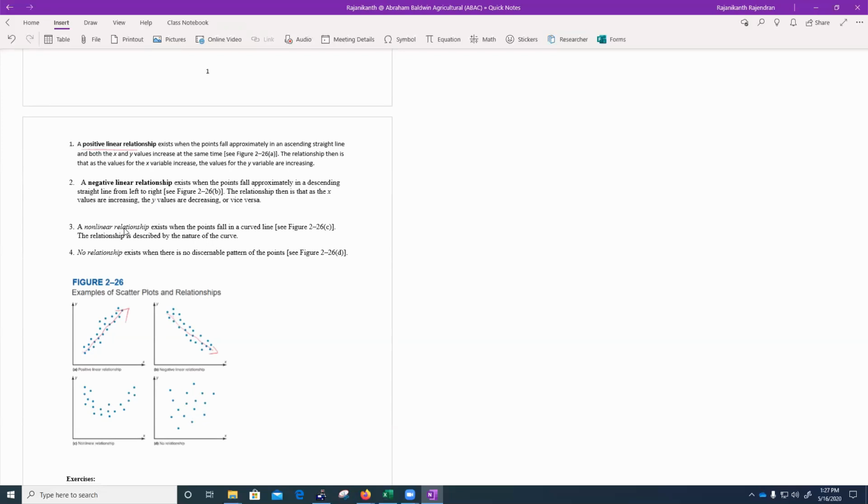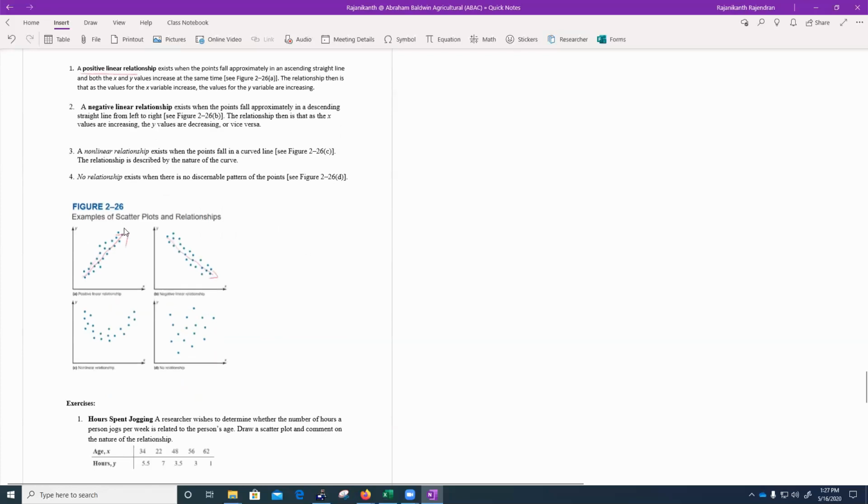You could think of these two like this: if you have a straight line with a positive gradient, it is an upwards trend. If you have a negative gradient, it is a downwards trend. By looking at those two, you could easily identify what kind of linear relationship the two variables have.